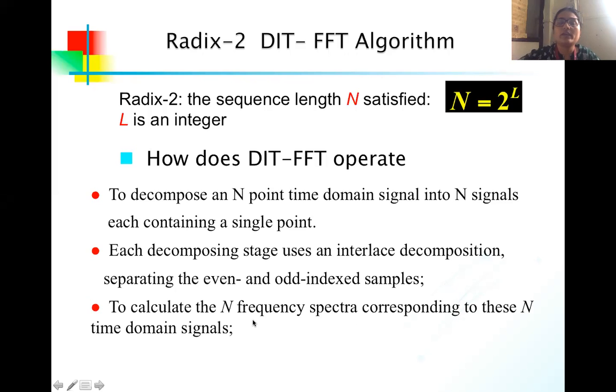Then, to calculate the n frequency spectra: at the input side we have n point samples, so the output is going to be n point frequency samples. The objective of the DIT FFT algorithm is to calculate the n-point frequency spectra, or the n-point DFT values.